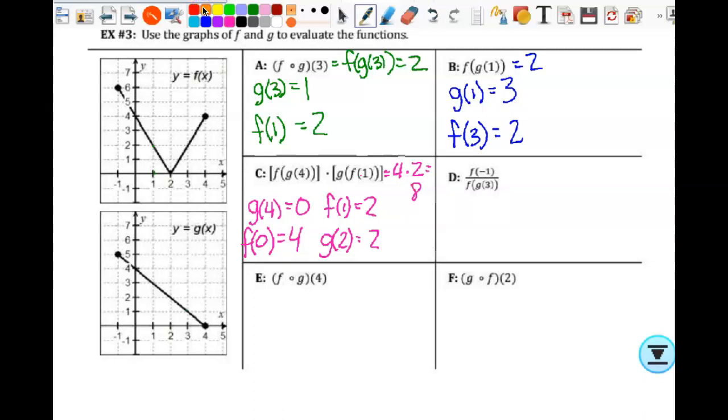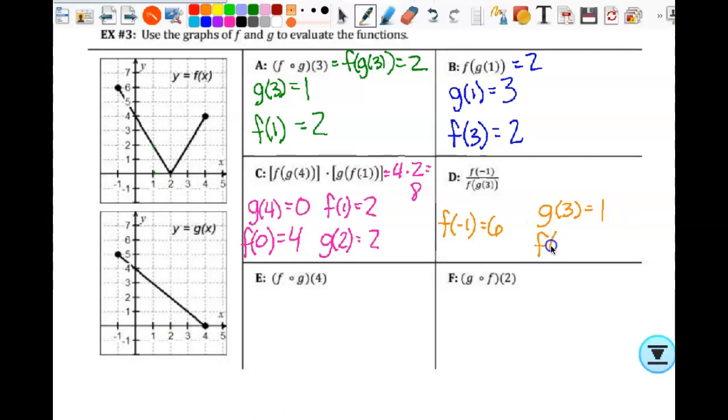All right. Now I'm going to need to find all of this stuff here. So let's find f of negative 1. What is f of negative 1? 6. Then I need to find g of 3. g of 3 is 1.